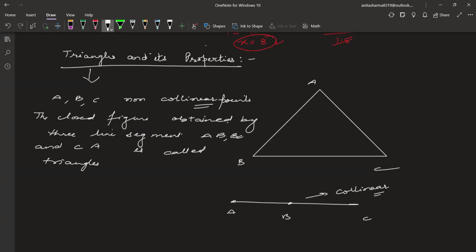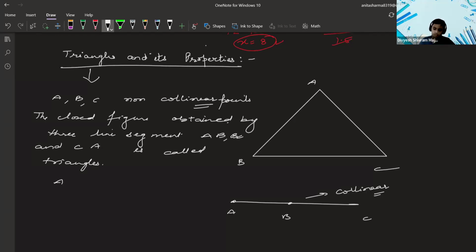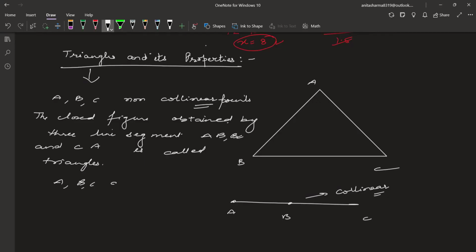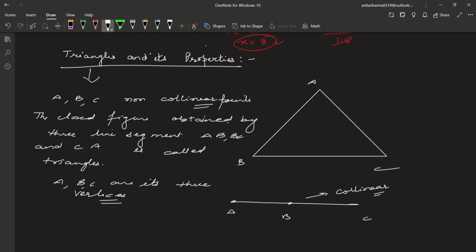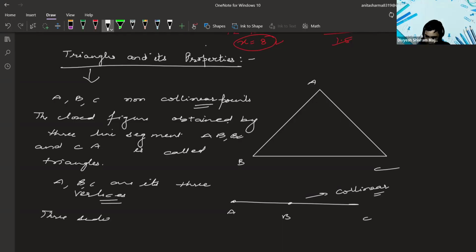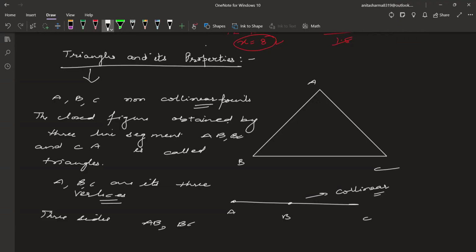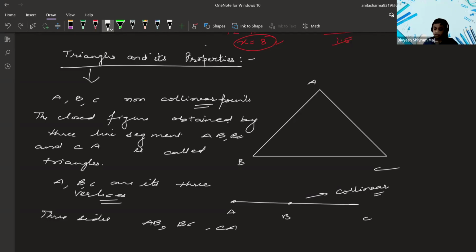And how many vertices does it have? Ma'am, three. A, B, C are its three vertices, right? And it is having three sides. The sides are AB, BC and CA, right, beta? And it has three angles also.